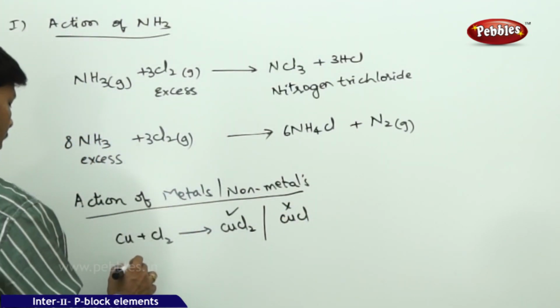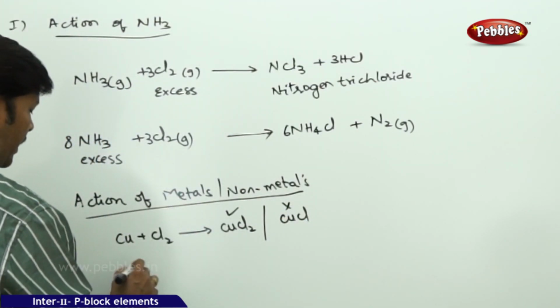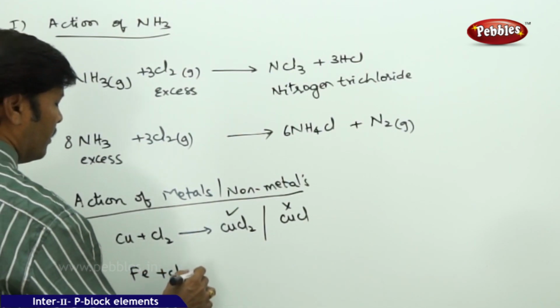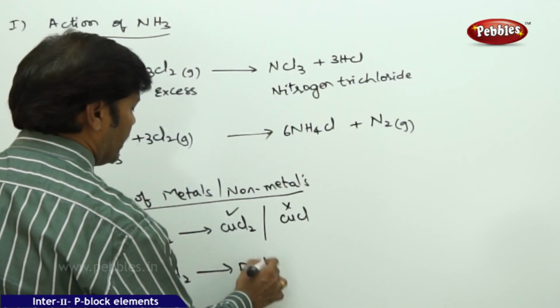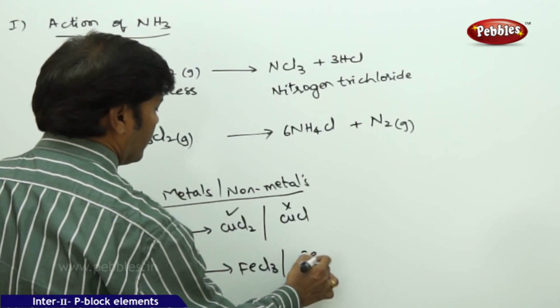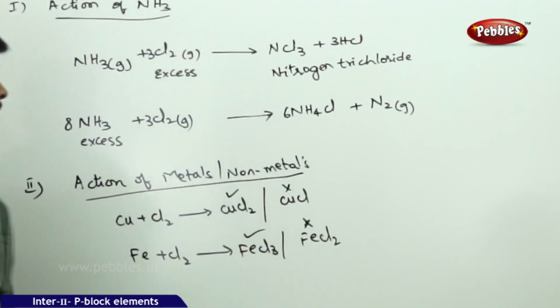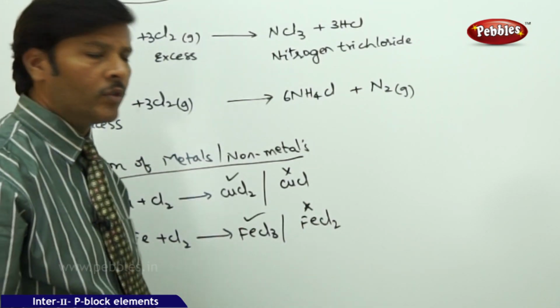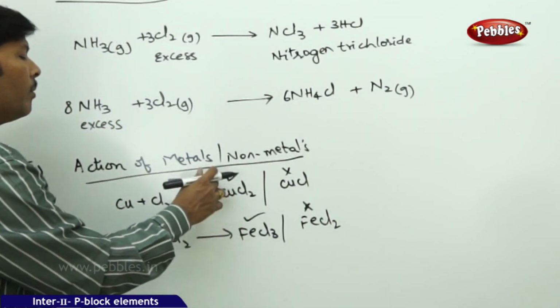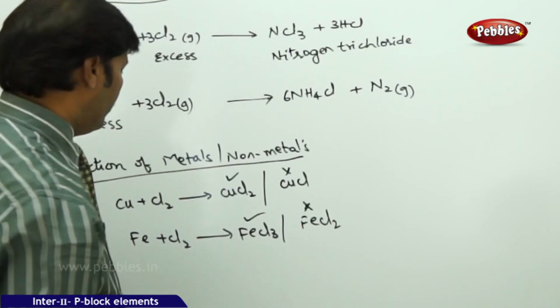If you take iron reacting with chlorine, it gives FeCl3 but not FeCl2, because in FeCl3 iron has the +3 oxidation state, which is more stable, and in cupric chloride copper has the +2 oxidation state, which is more stable.